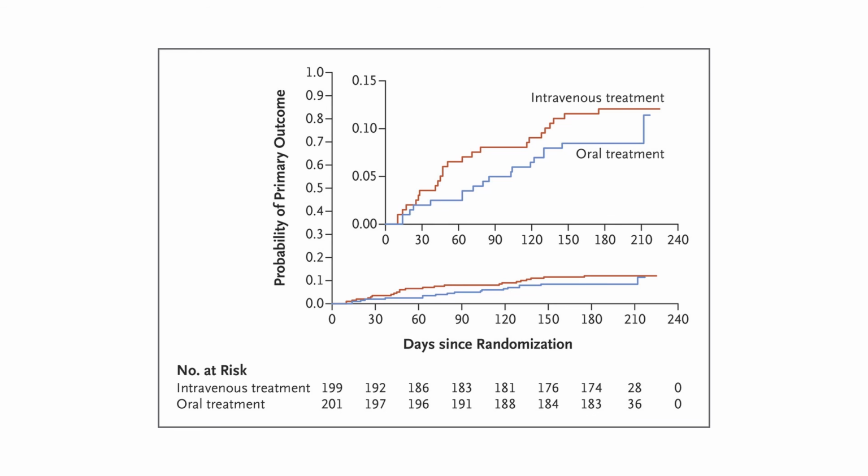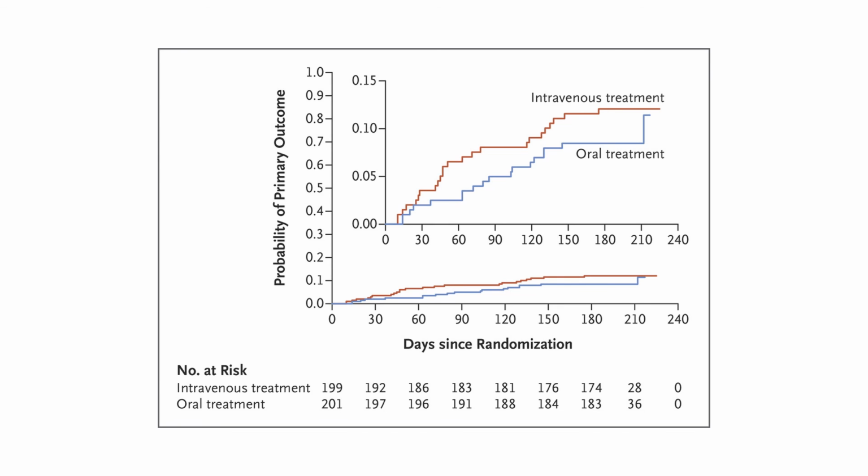And there was, in fact, no difference in outcome. So their primary outcome was looking at mortality or a recurrence of the infection, and basically there was no difference between the IV arm and the oral arm. So maybe oral antibiotics are okay after patients have received their initial IV therapy.